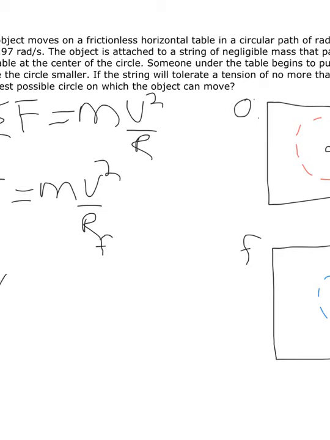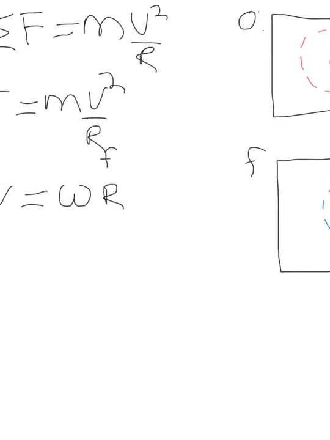I know that for something moving in a circular manner like this, v is going to equal omega times r. The reason that I want to look at omega is because as this moves inward, it's in an isolated system. It's free of outside torques and frictions. So therefore, I know that angular momentum is going to be conserved. I'm going to go ahead and scroll down to make some more space.